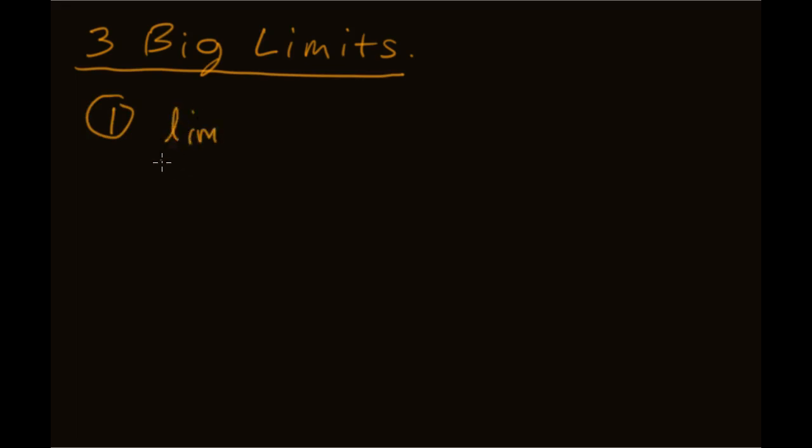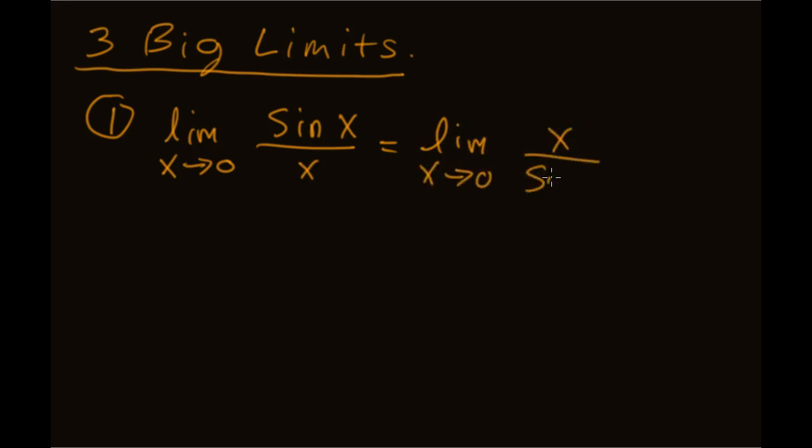The first one is the limit as x approaches 0 of sine of x over x, which is also equal to the limit as x approaches 0 of x over sine of x. This is the same limit because it can be flipped over, and it has to be equal to 1.